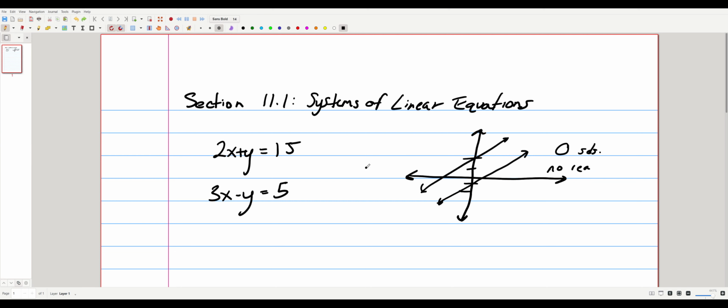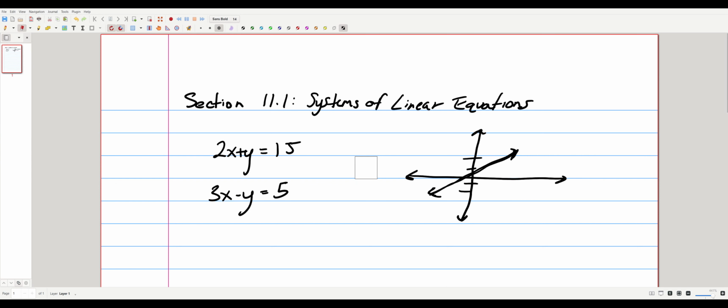And the other pair, what's the other way that lines can intersect? Well, assume this is the first line and the second line is just right on top of it. So essentially what you have is the same line twice, and that has infinitely many solutions, or you might have seen something like all real numbers as the solution.